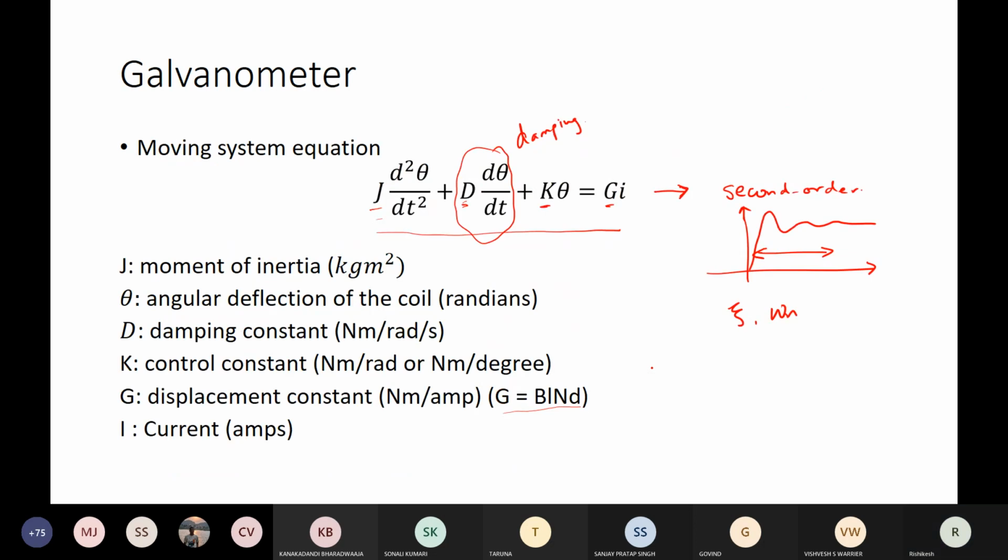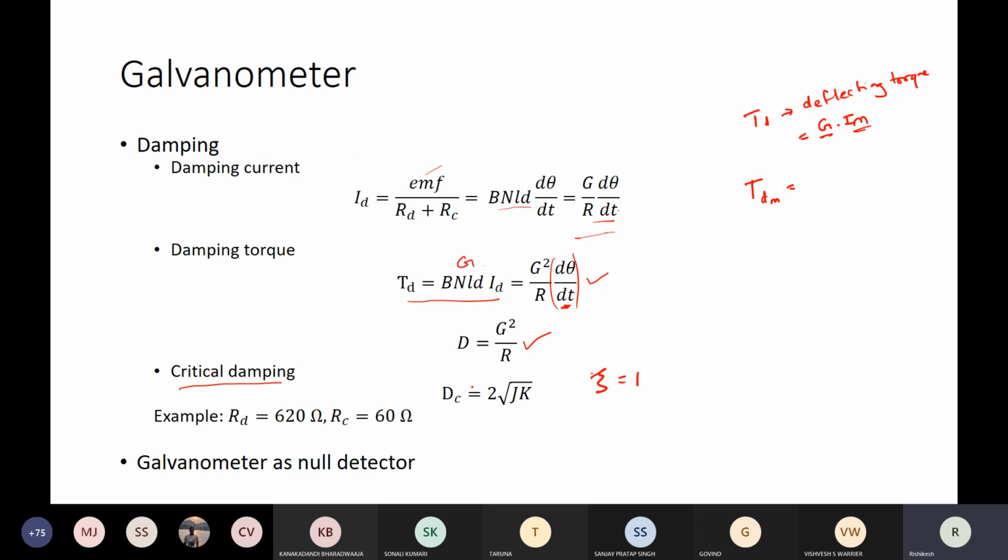So that's why I said, if you express this equation in terms of Z and omega n, then in the expression of Z, if you put 1, then the damping constant, please don't confuse this. This is damping ratio. Okay, this is damping constant. So this damping constant is given by this expression, which is a function of the moment of inertia and the spring constant, right? Control constant. So these two expressions are important to understand.